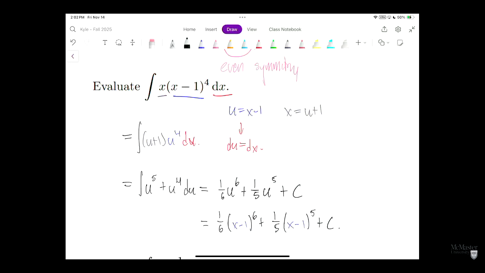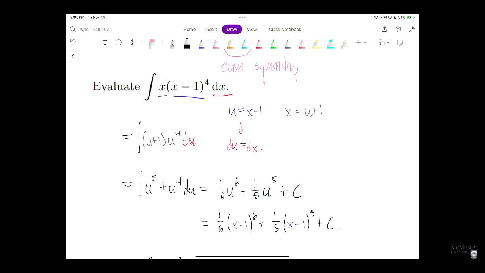So instead, we're using a u sub to move that power of 4 to have the u term with no translation. So if we set u is equal to x minus 1, we'll notice we're going to get the same polynomial, and we're going to have the same du as well. We're not stretching our space at all. We're just translating our function over, and then we can expand out the u plus 1 into our power of 4. Does that make sense?